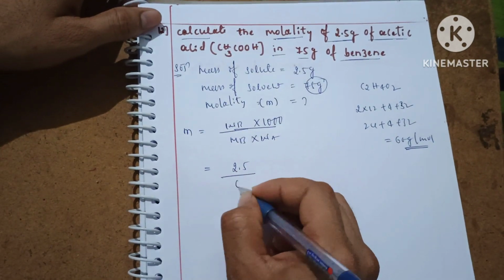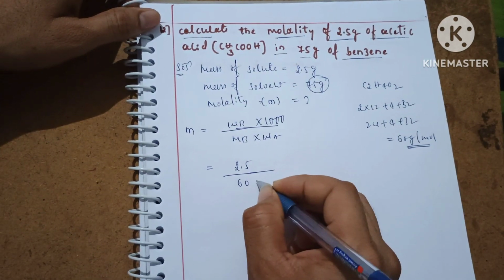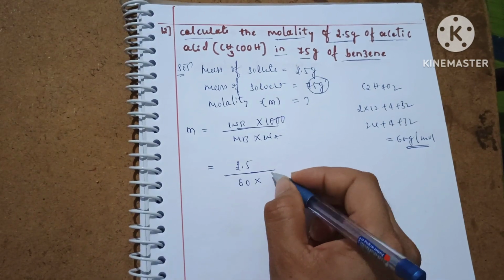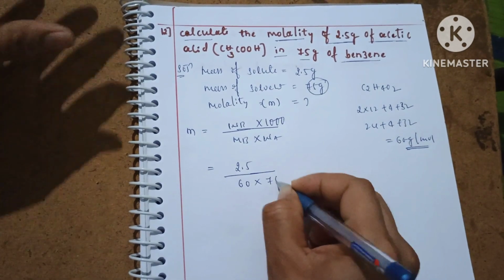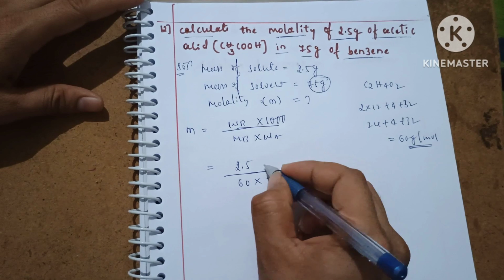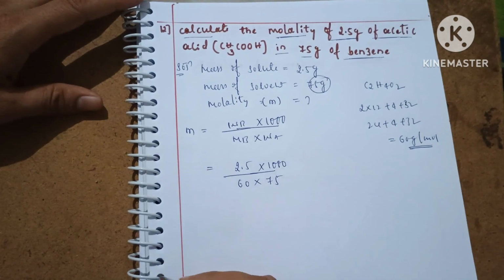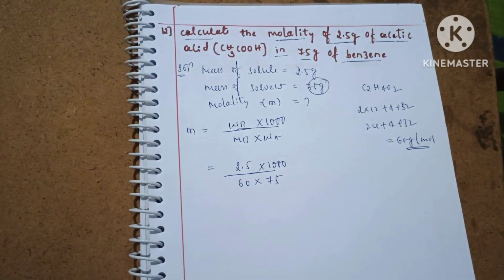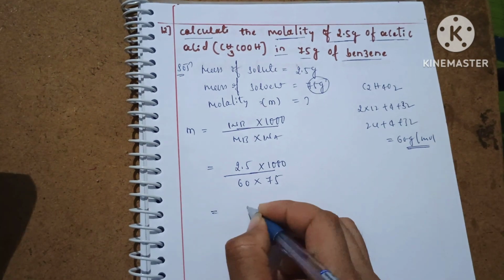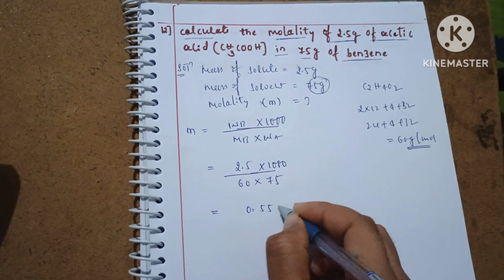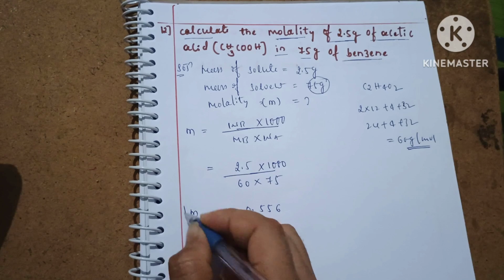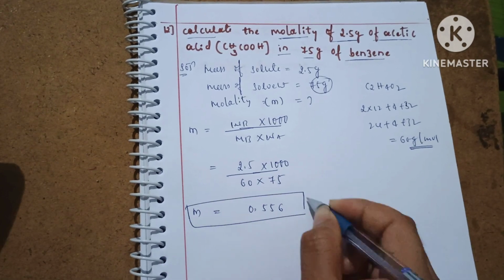Therefore molar mass is 60 and the mass of solvent is 75, which is given in gram, so I'm multiplying by 1000. The answer becomes 0.556, that is small m is equal to 0.556.